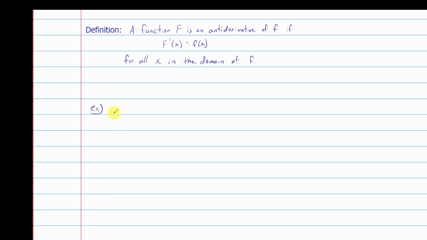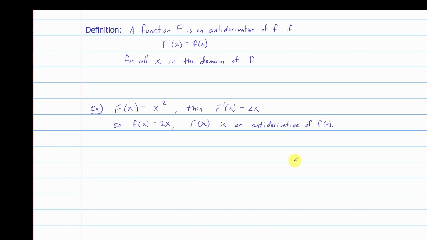So let's look at some examples. If I write capital F of x is x squared, then the derivative of capital F is 2x. So for little f of x equals 2x, capital F of x is an antiderivative of little f of x.